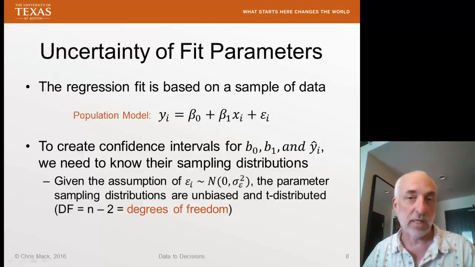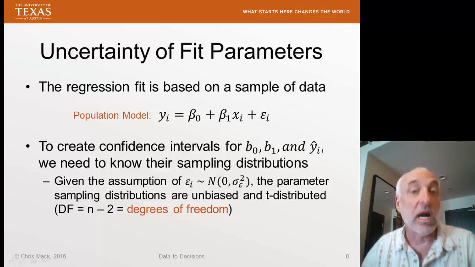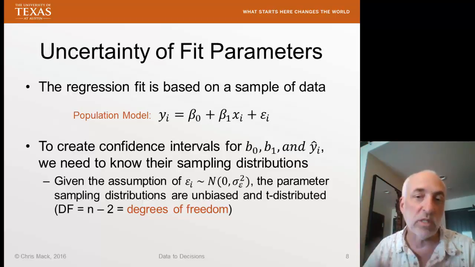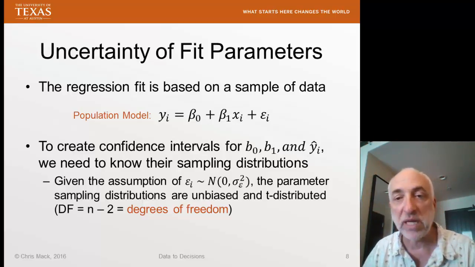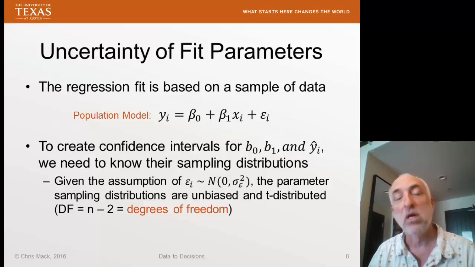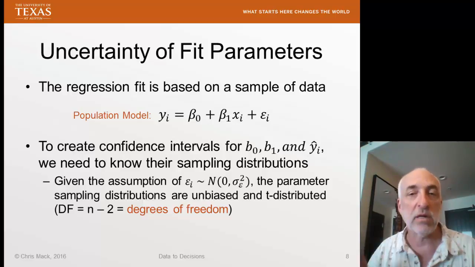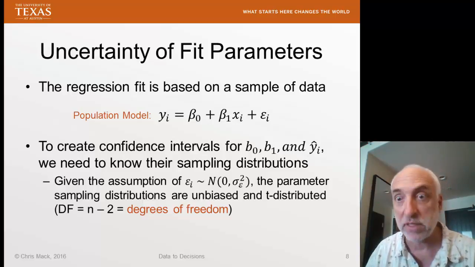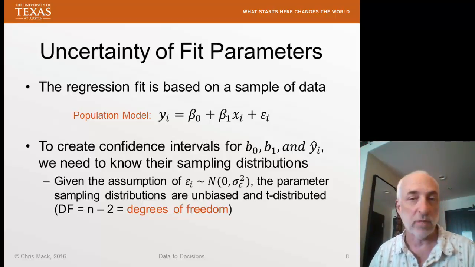If we want to calculate confidence intervals about those, for example, what is the 95% confidence interval of beta 0, B0? That is, if I ran the experiment 100 times, 95 times out of 100, the value of B0 we get from our fit would be within this interval. That's the confidence interval for that parameter.